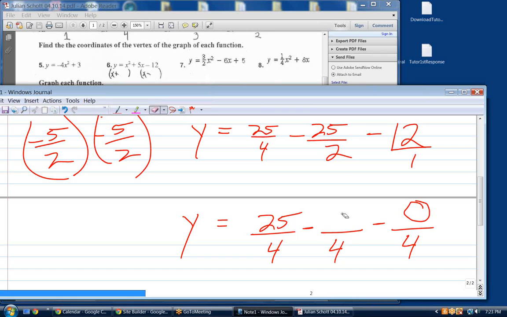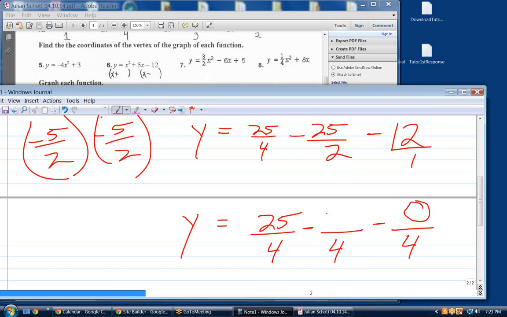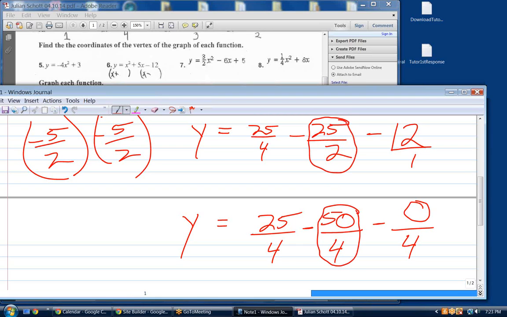What goes here? 20, oh. Take this, divide it into this, and multiply it by that. That's always what goes there. 50? Notice that 50/4 is the same number as 25 halves.